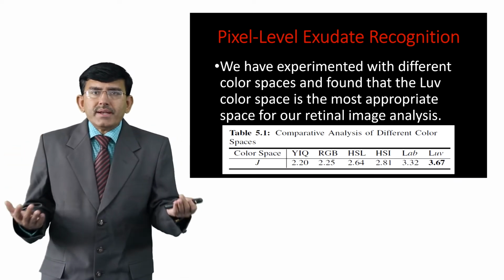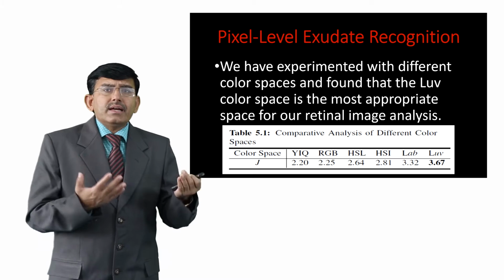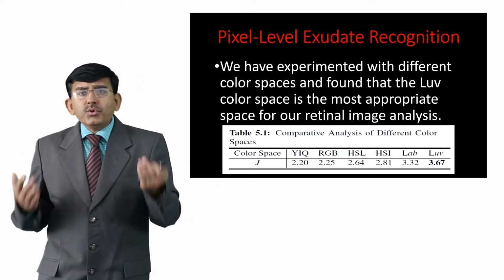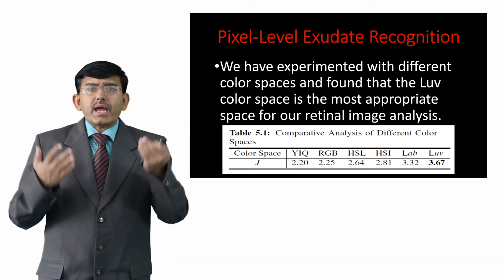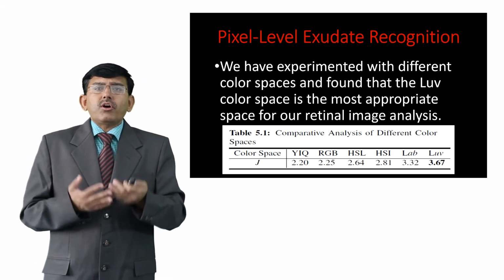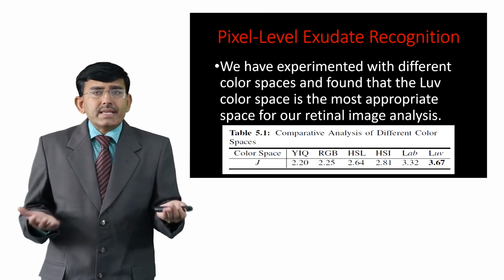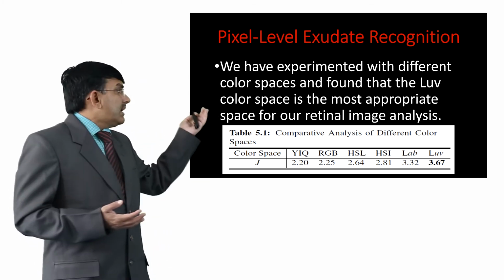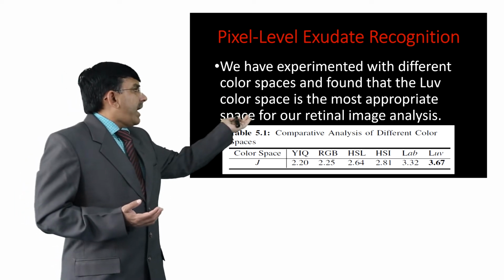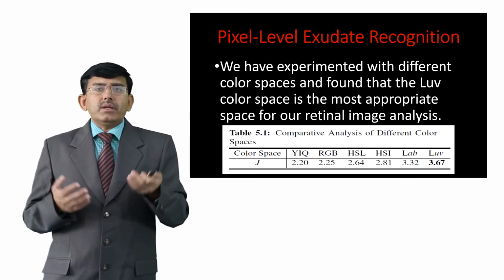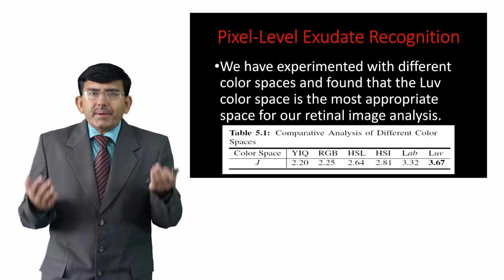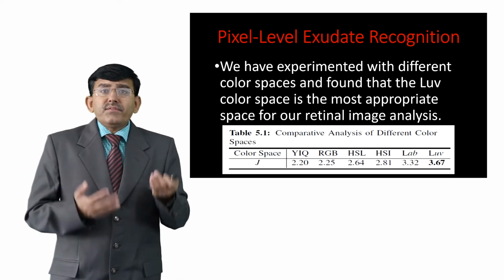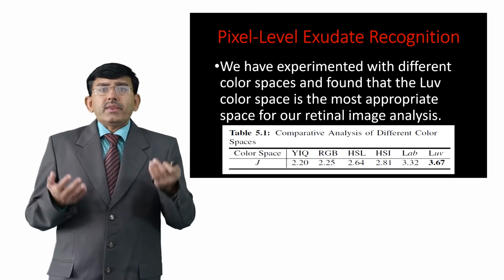We have experimented with different color spaces and found that the LUV color space is the most appropriate for our retinal image analysis. A few of the results are compared and shown in Table 5.1, which has a comparative analysis of different color spaces.